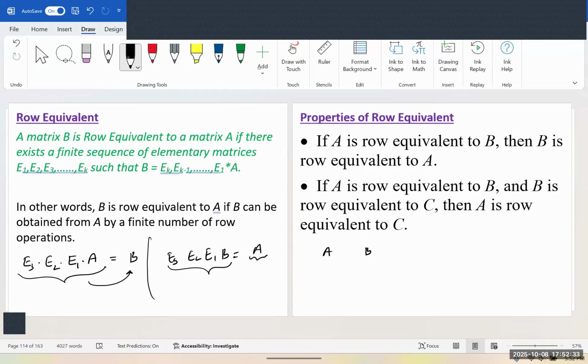So if A is equivalent to B, then B is also equivalent to A. It works both ways.